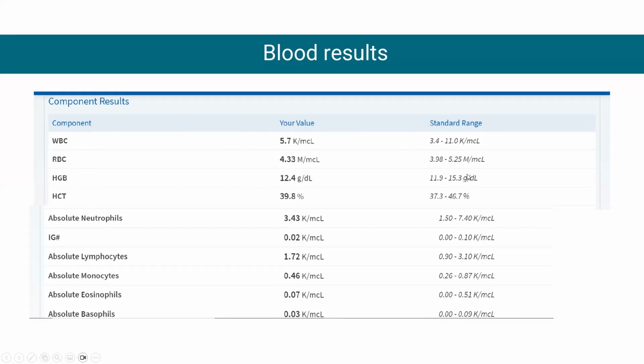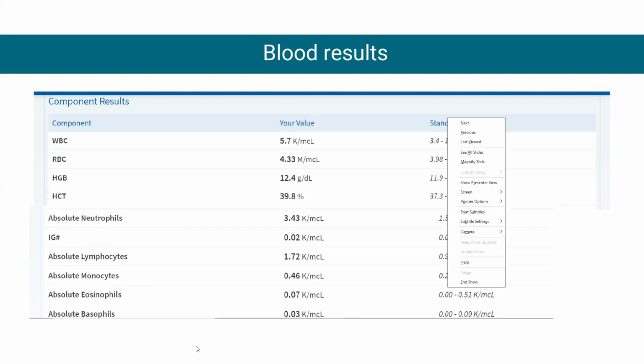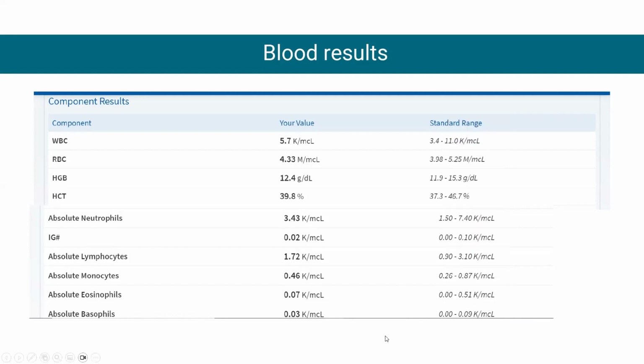Hemoglobin, normal. Hematocrit, normal. Absolute neutrophils, normal. Okay. Absolute lymphocytes, normal. Absolute monocytes, normal. Absolute eosinophils, normal. Absolute basophils, and this is normal.